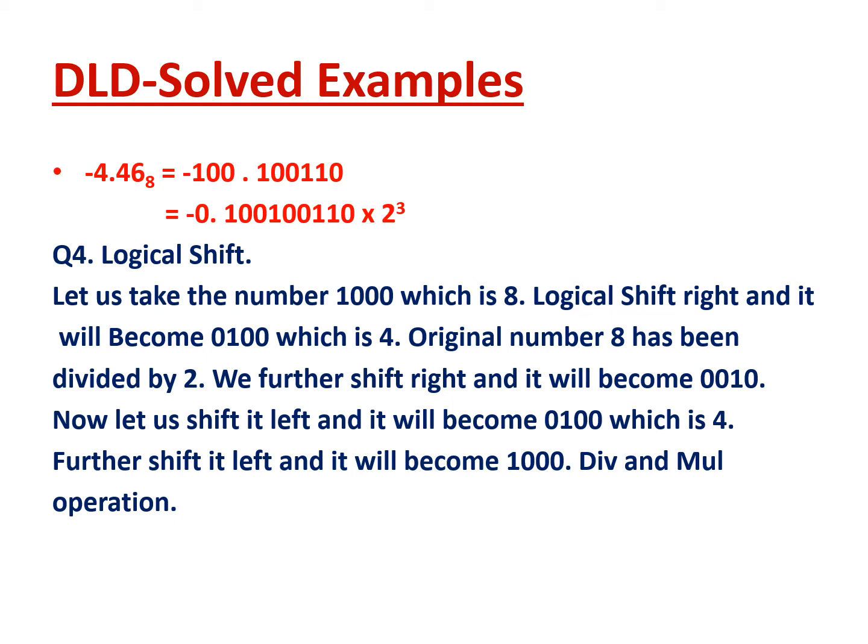And if we shift it left again, it will become 1000, and it is 8. So what we have done is, by shifting right we have divided by 2, and by shifting left we have multiplied by 2. So these are the div and mult operations. This is how the computer performs the operation.